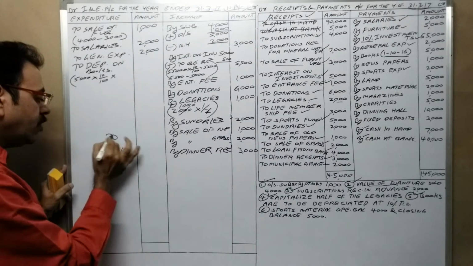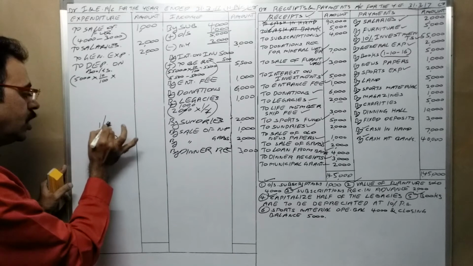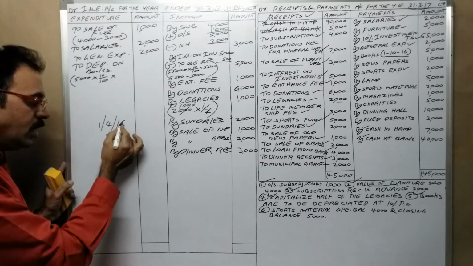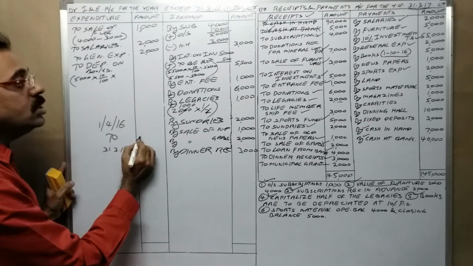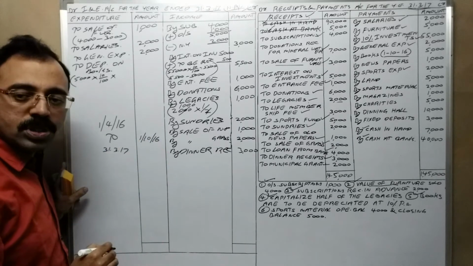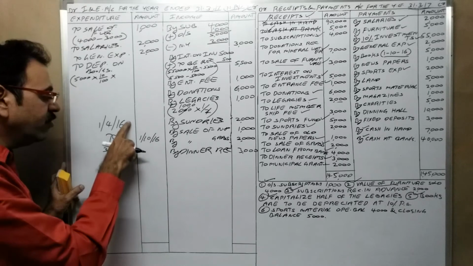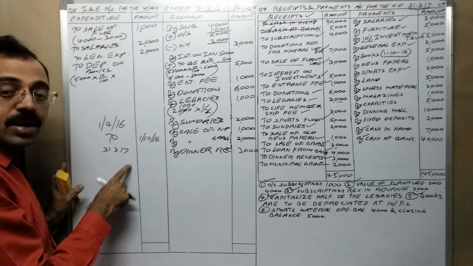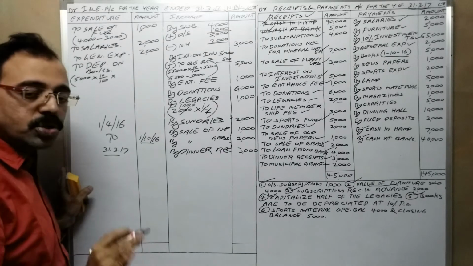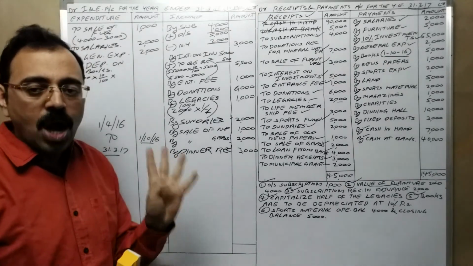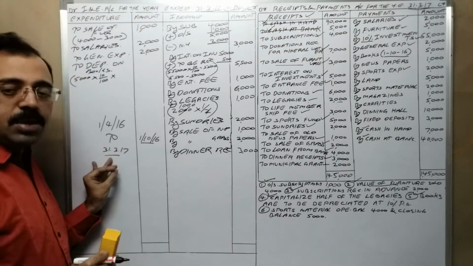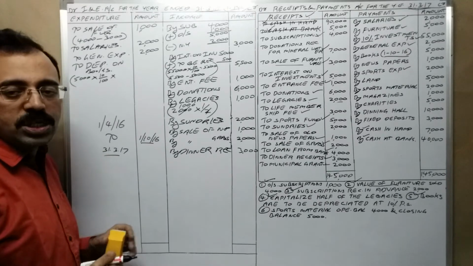What is the starting date of this year? 1st April 16. During this current year, on 1st October 16 we bought these books. Means we didn't use the books for a complete year. From 1st October to 31st March only we used them. Means October, November, December, and 3 months more. Total 6 months we use these books.